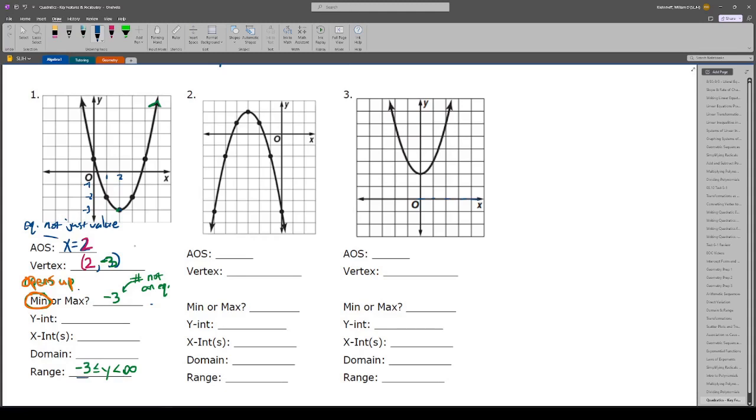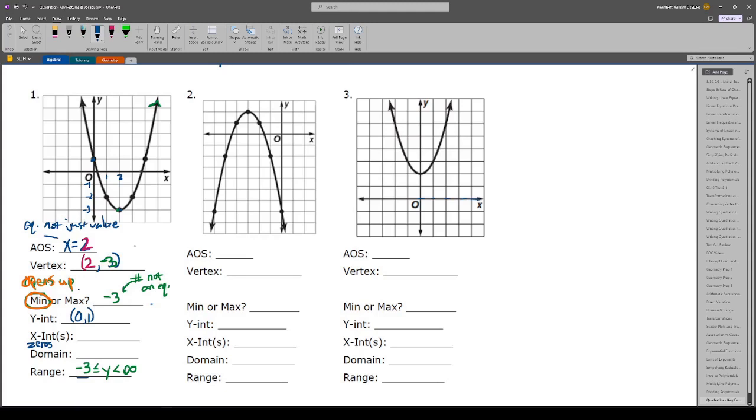Our y-intercept, we just look at the y-axis, and it's at 0, 1. We should write that as an ordered pair to differentiate it from the x-intercepts, or remember, we often call these zeros or roots or solutions. The x-intercepts here are not at even values.